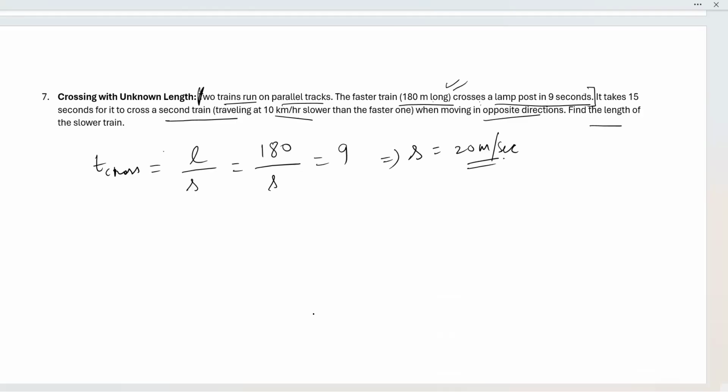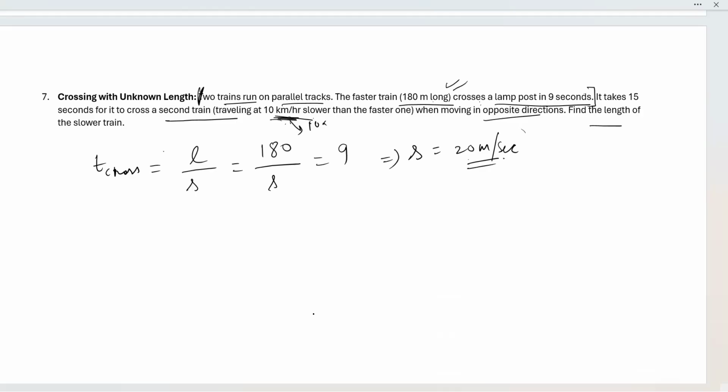We don't have to convert it into kilometer per hour and then subtract. We can directly do it, so you can do it from here also. If you don't want to convert this, the difference between the speeds is given as 10 kilometer per hour. So you can convert this difference into meter per second. You just have to multiply by 5 by 18.